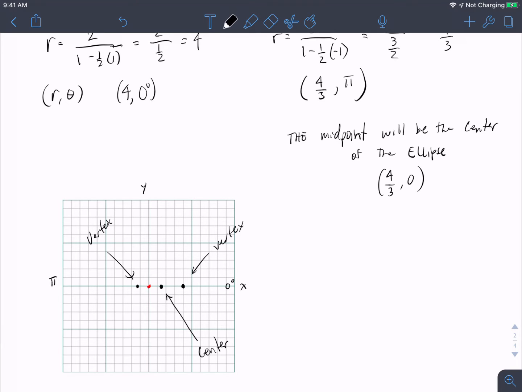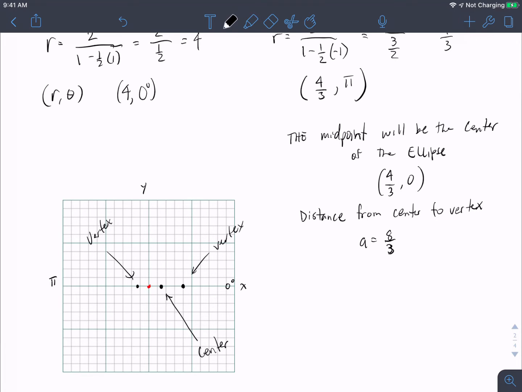Now, one of the things that's cool is we can actually find the distance from the center to the vertex. And so the distance from center to vertex is going to be 8 over 3.